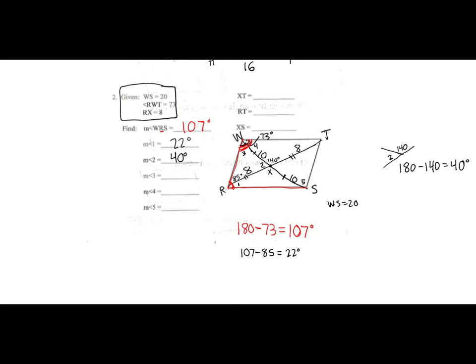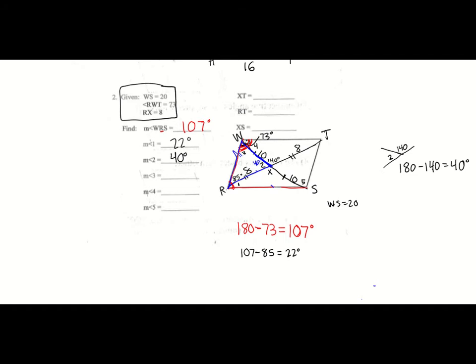Now angle 3 here, if you look at this triangle, oh, did not mean to do that. Let's try to erase it. Try that again. Okay, this triangle right here, we now know two of the three angles inside this triangle. We know angle 2 is 40.